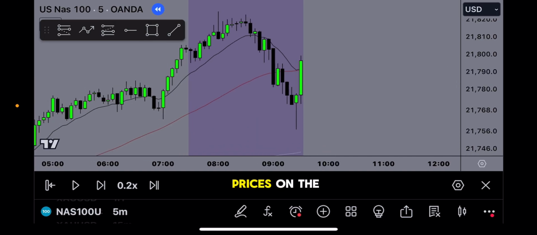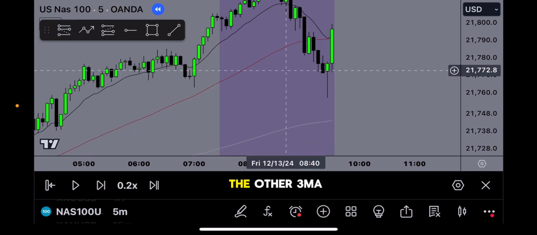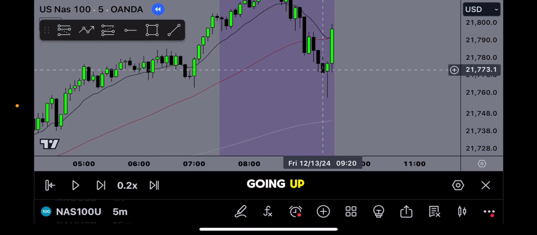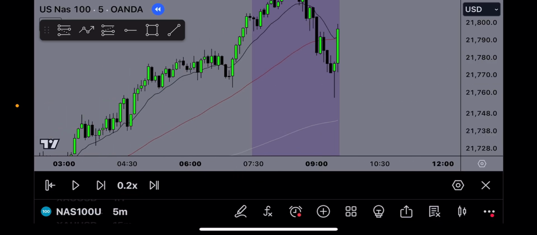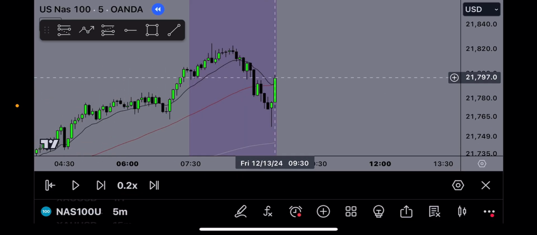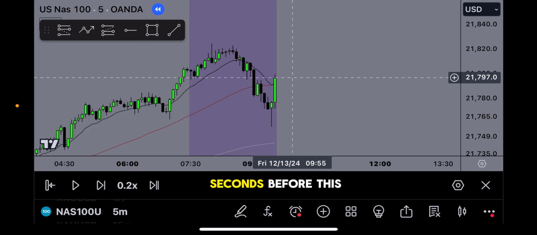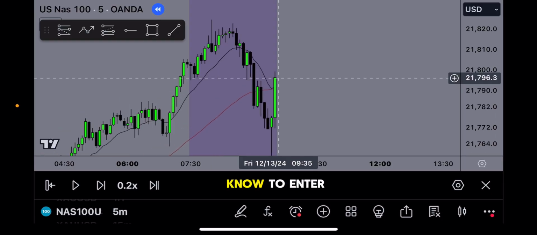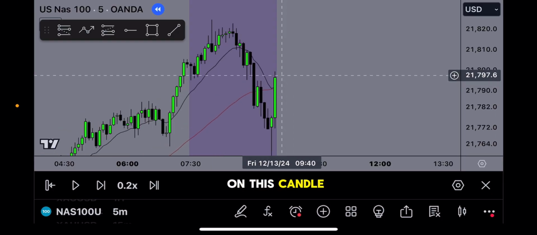Also, we know price is on an uptrend and we have the other 3MAs under. We know price is going up and we have the 3MAs under. So now, before this candle would have closed, our entry would have been 2 or 3 seconds before this candle would have closed. And how do you know to enter on this candle or not?